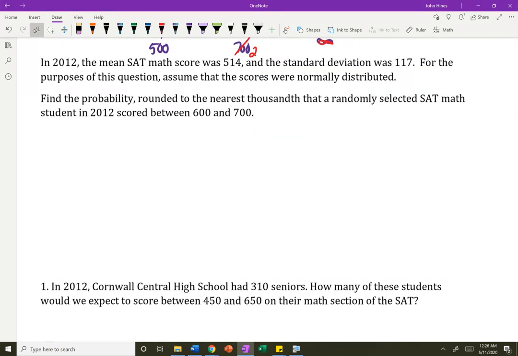So in 2012, the mean SAT score was 514. So there's my average. And the standard deviation was 117. For the purposes of this question, assume that the scores were normally distributed. So I'm working with a normal curve. Find the probability, rounded to the nearest thousandth, that a randomly selected SAT math student in 2012 scored between 600 and 700.